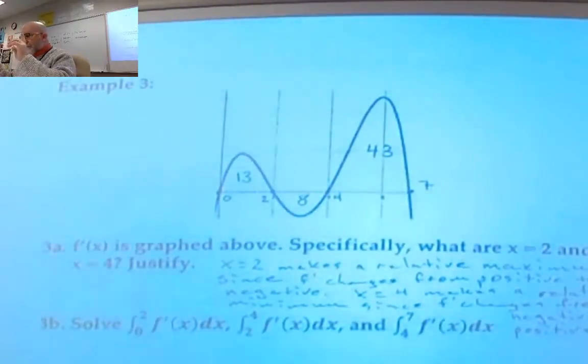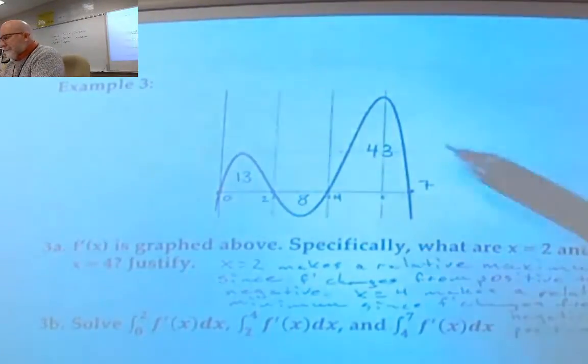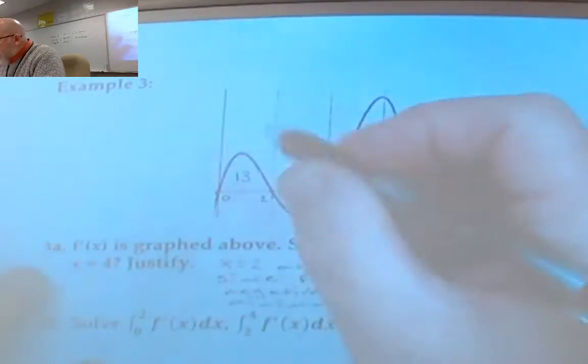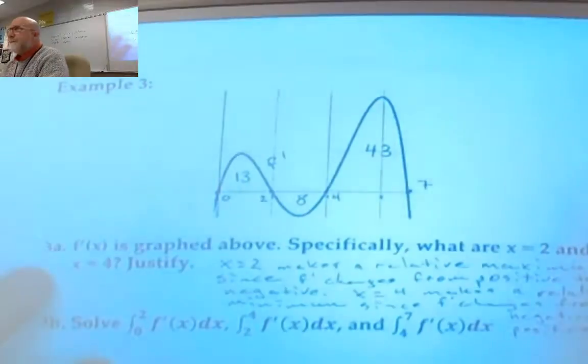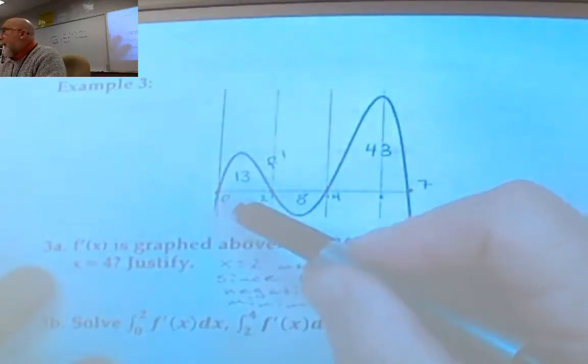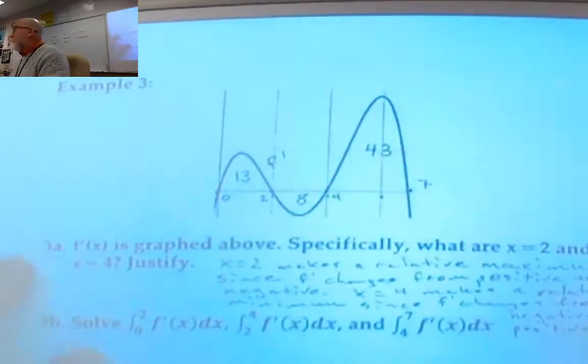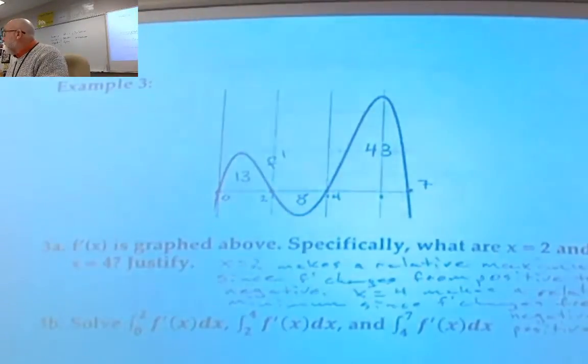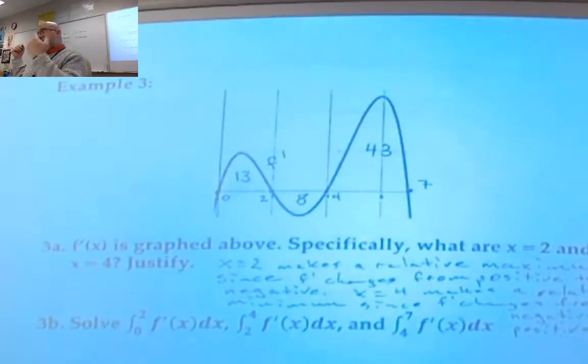All right. Now, this is f prime, correct? Would everybody agree? So f, would you agree f is the antiderivative of f prime? If f prime is the derivative, then f must be the antiderivative. Would you agree?